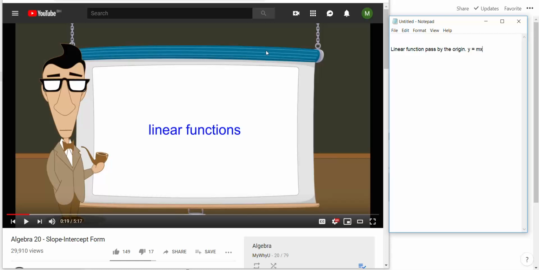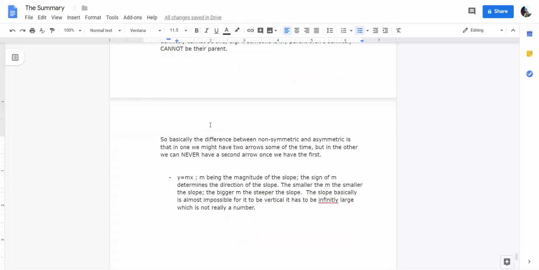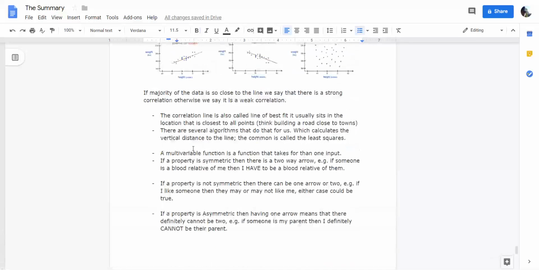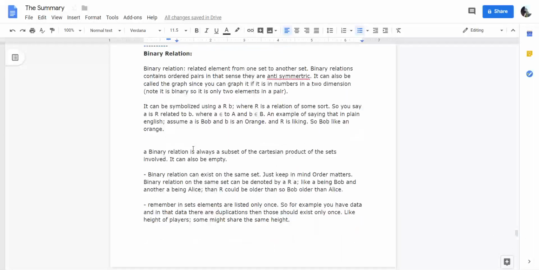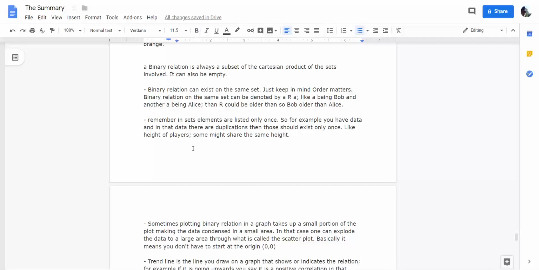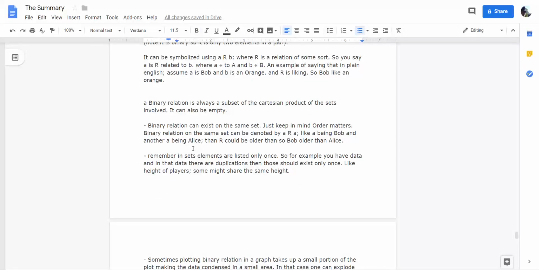So to quickly revisit what we said the last time, let's do a really quick recap of what we studied. On binary relations, there's something that differentiates binary relations from equivalence relations, and that is the symmetric and antisymmetric parts.